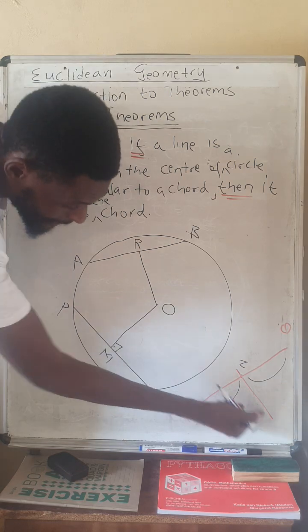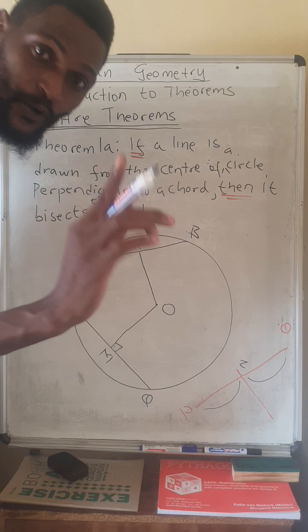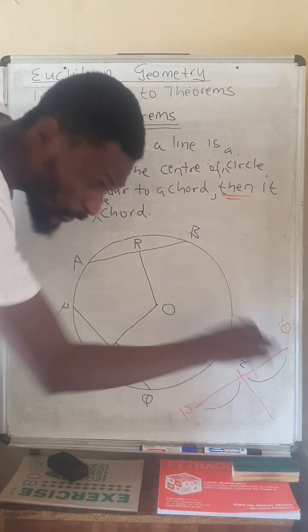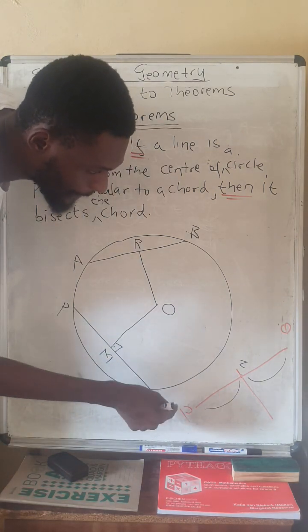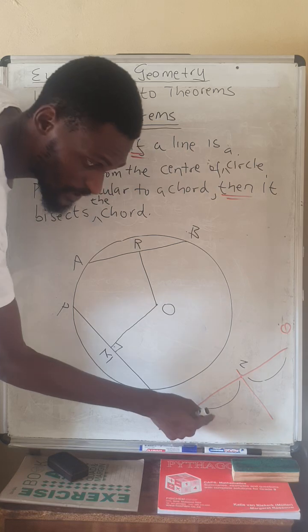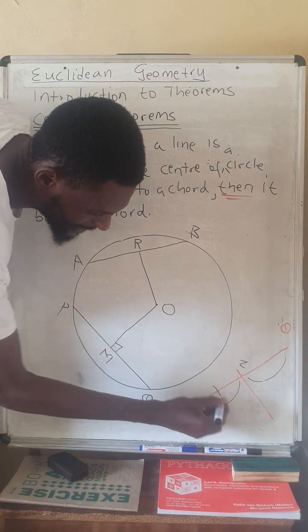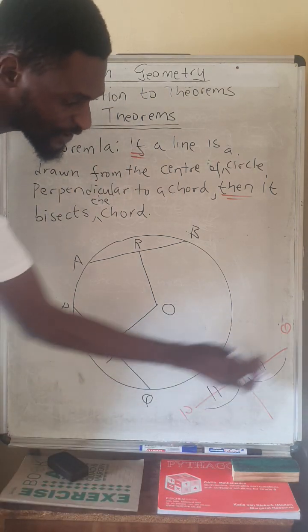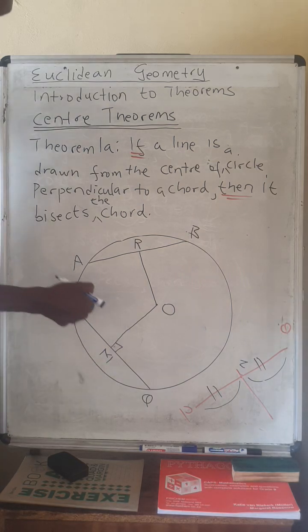It means when this line cuts PQ, it will cut it in such a way that the portions are going to be equal to each other. Remember I said this line is cutting PQ into this portion and this portion. But if you say this line bisects PQ, it means it will cut it in such a way that this portion and this portion will be equal to one another. So in this case, we say PQ has been bisected.